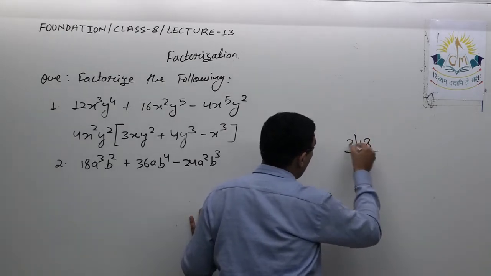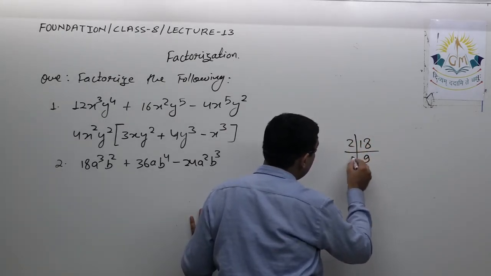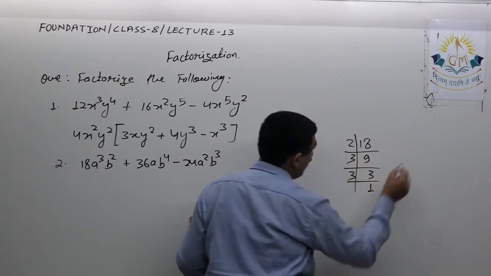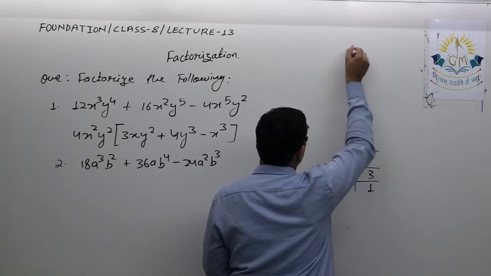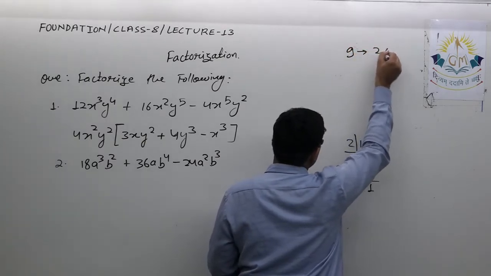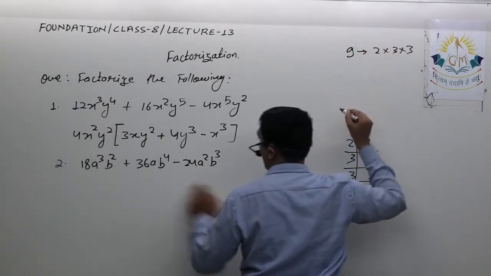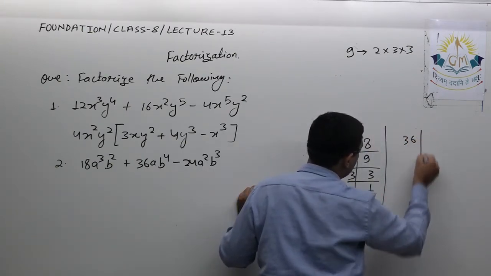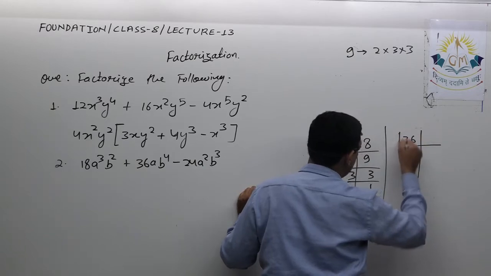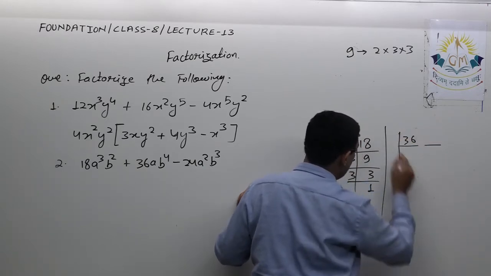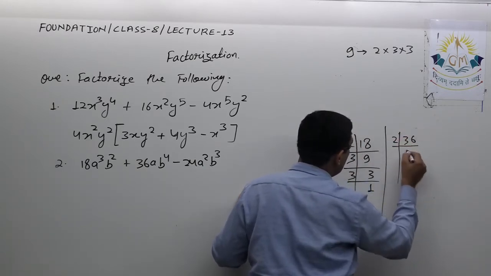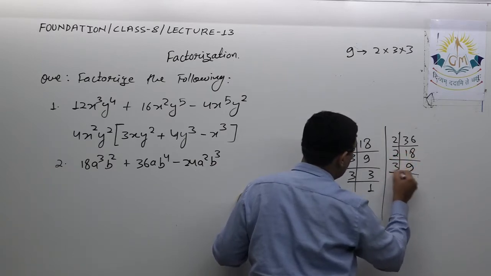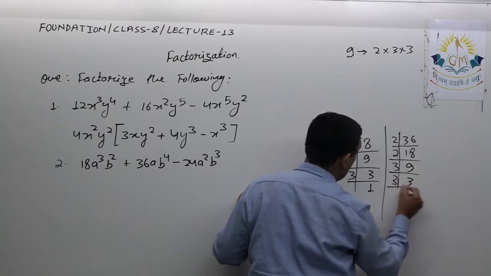Factors of 18 are 9, then 3, then again 3, then again 1. So here I can write factors of 18 are 2 into 3 into 3. Then 36 is there. So factors of 36: 2, here it is 18, then 2, then 9, 3, 3 and then 1.